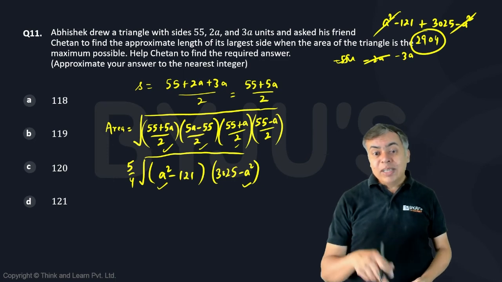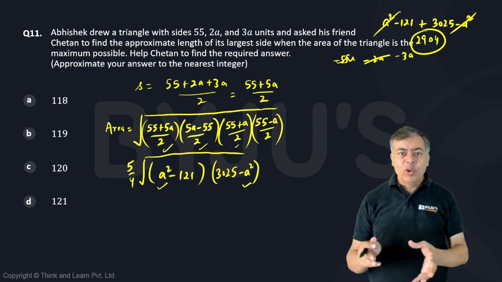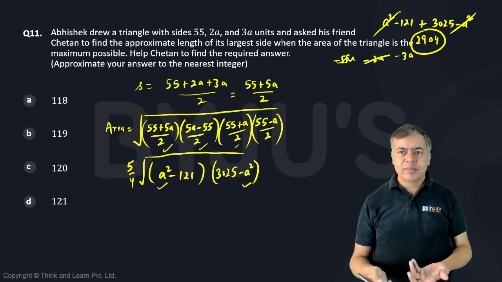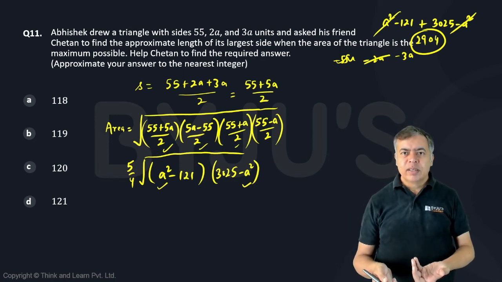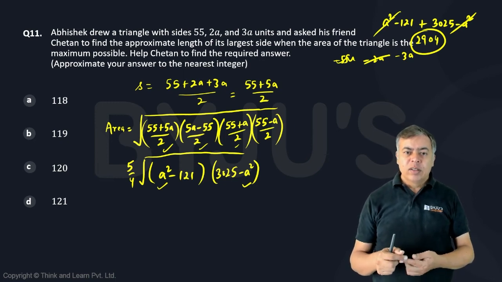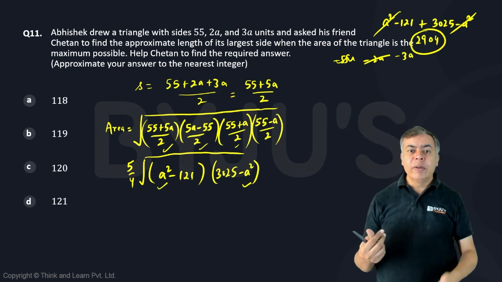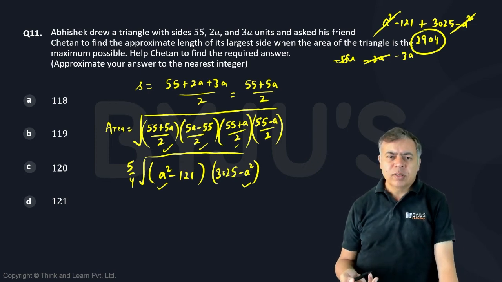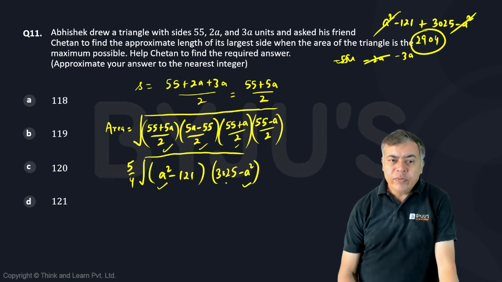If the sum is constant, the product will be maximum when both are equal. So the area will be maximum when both are equal.